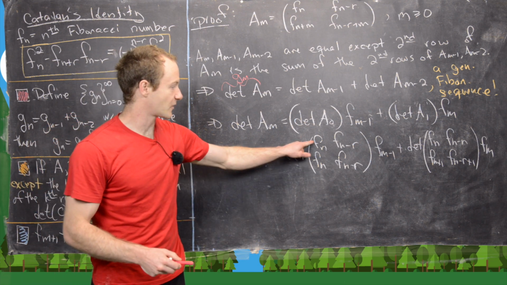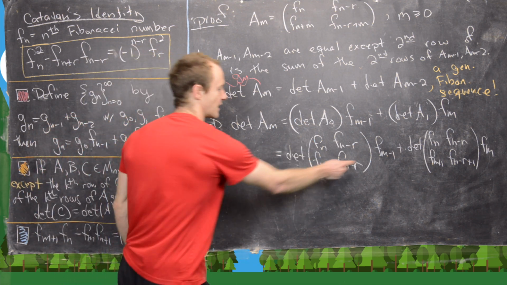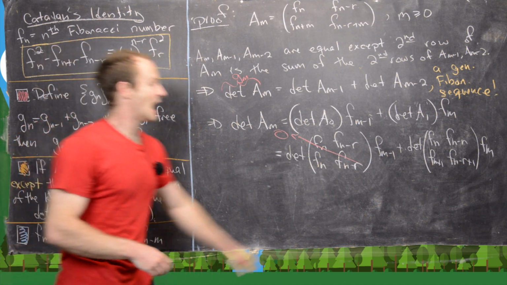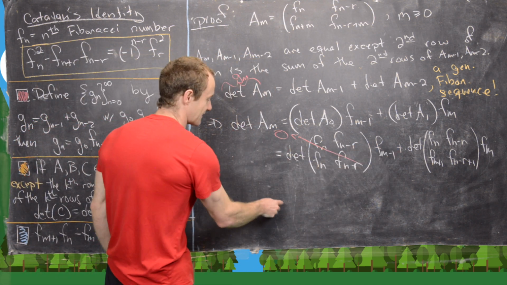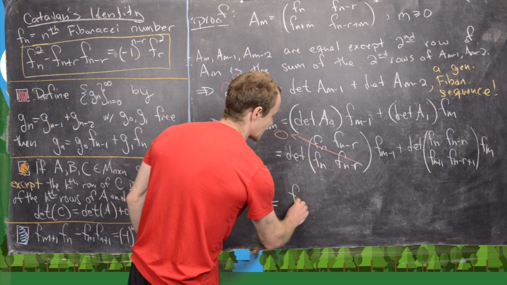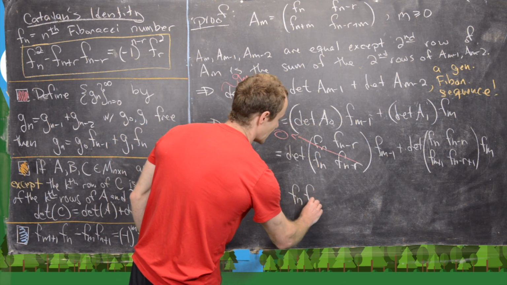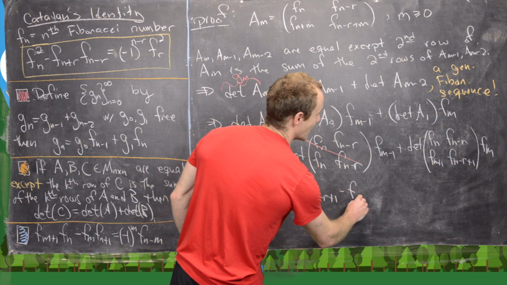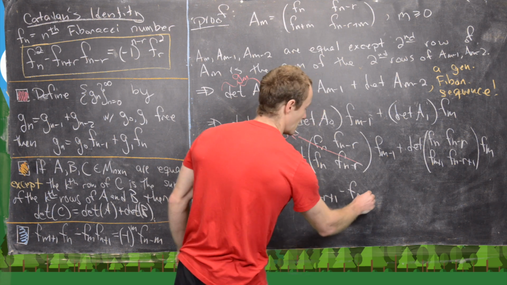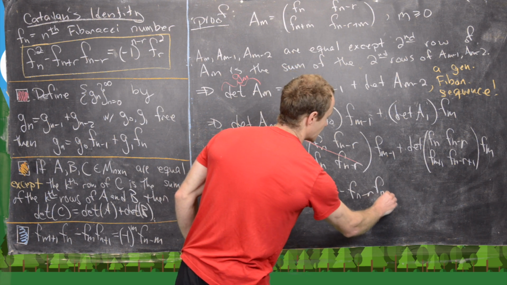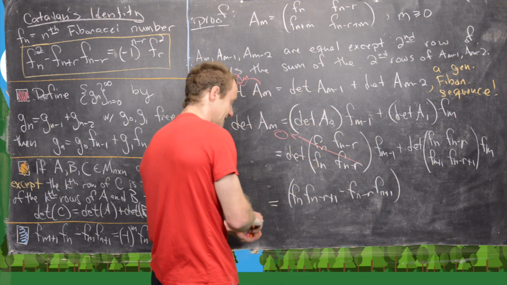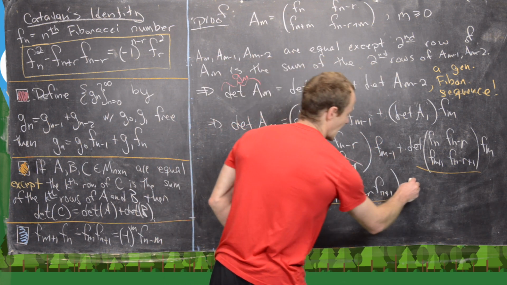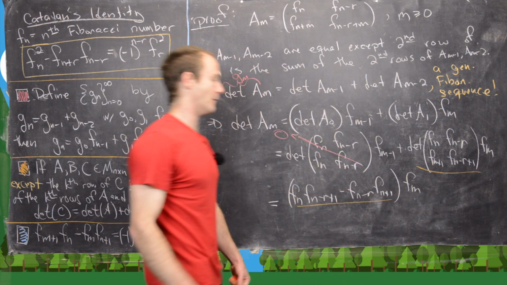Okay, now the first row here is equal to the second row here, so that tells us that that determinant is 0. And then next, we can just easily take the determinant of this to give us Fn times Fn minus r plus 1 minus Fn minus r times Fn plus 1. So like I said, that is this determinant right here, and this is multiplied by F m.